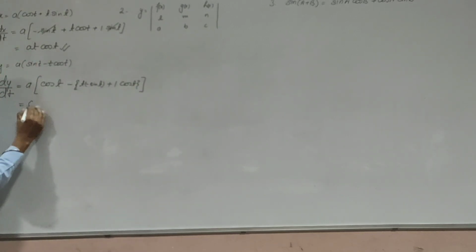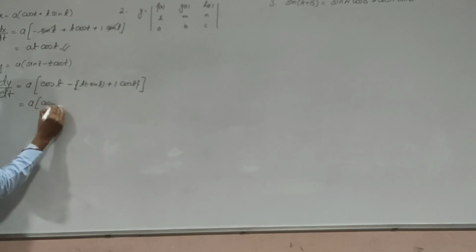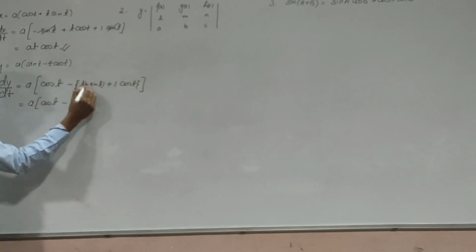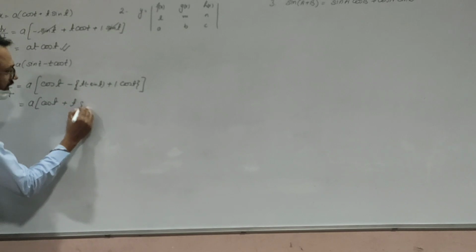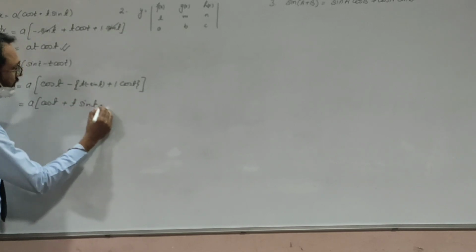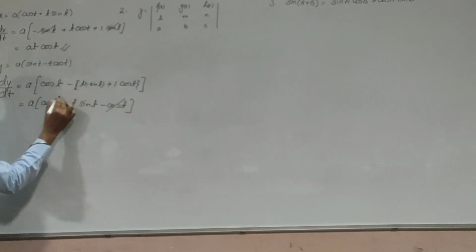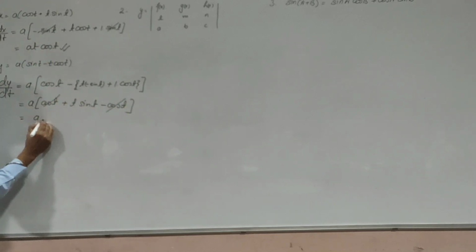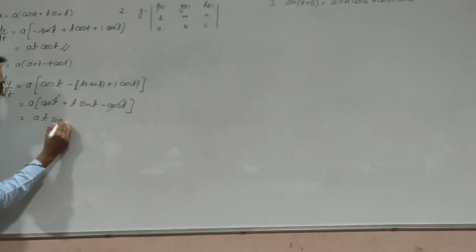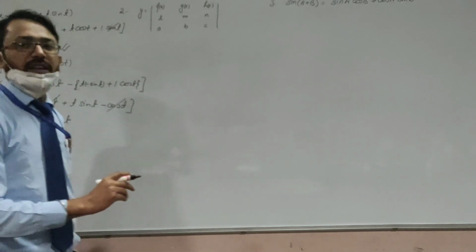When we open the bracket, it becomes cos t minus minus plus t sin t minus cos t. Cos t and cos t cancel, and it becomes t sin t.